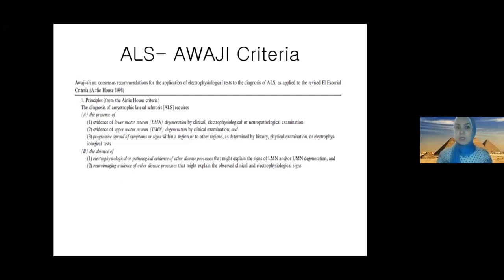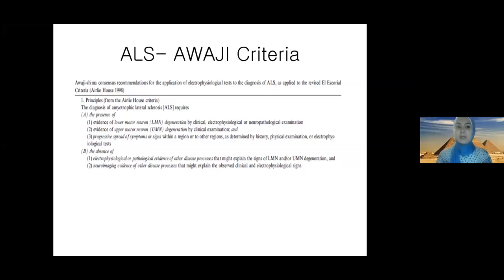So the Awaji criteria stated that we have to find the presence of lower motor neuron degeneration by clinical, electrophysiological, or neuropathological examination. Previously, it was only clinical. But for upper motor neuron degeneration, the presence is by clinical examination only.